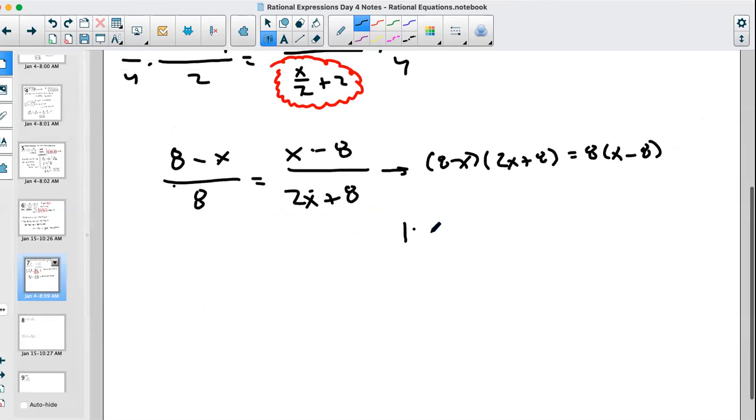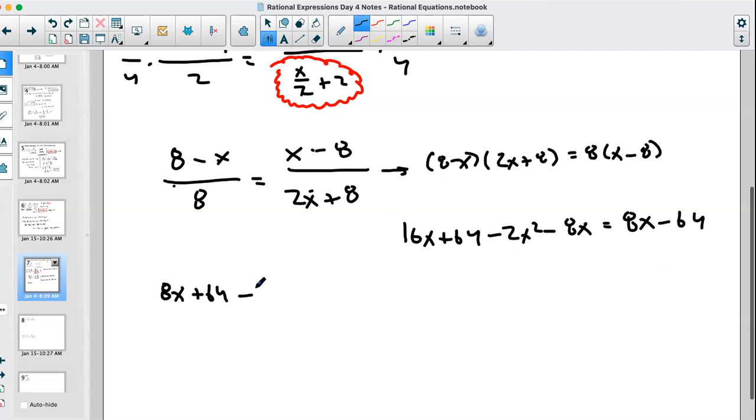So let's see, 16x plus 64 minus 2x squared minus 8x equals 8x minus 64. Nothing cancels out. That's super. Actually, this 16x minus 8x is 8x plus 64 minus 2x squared equals 8x minus 64.